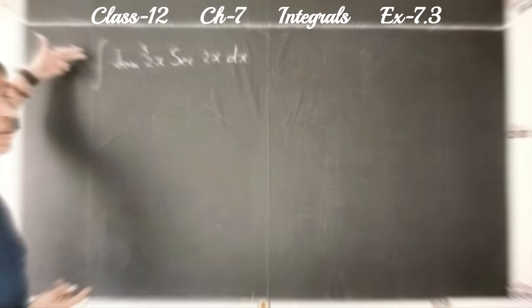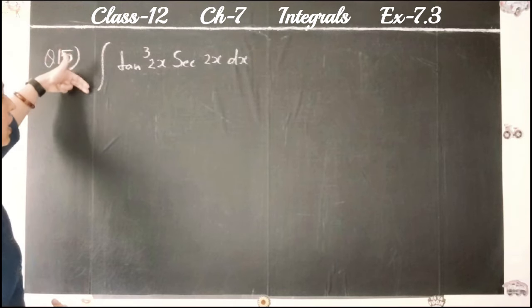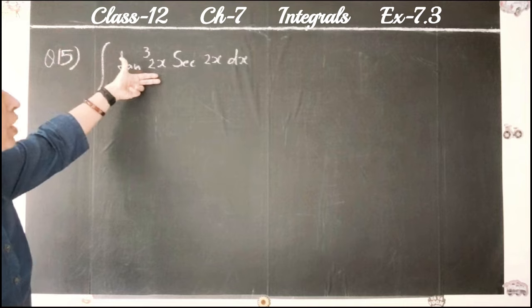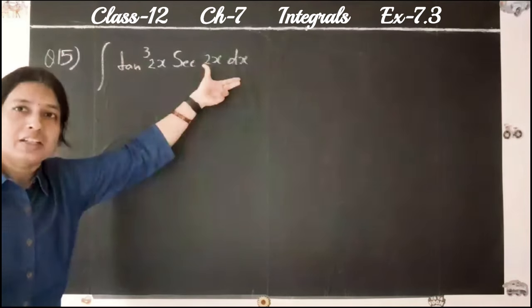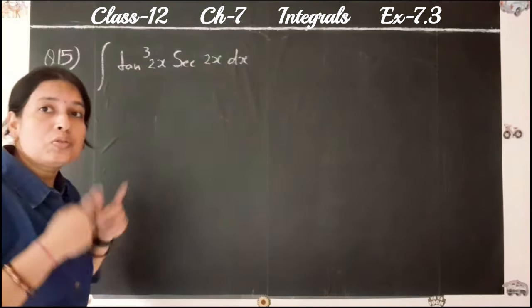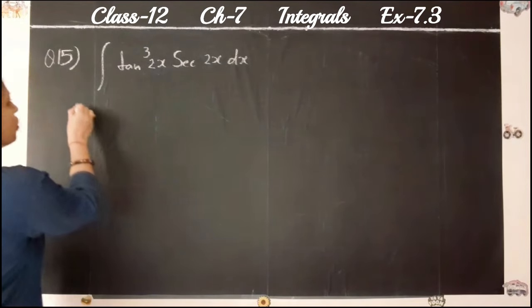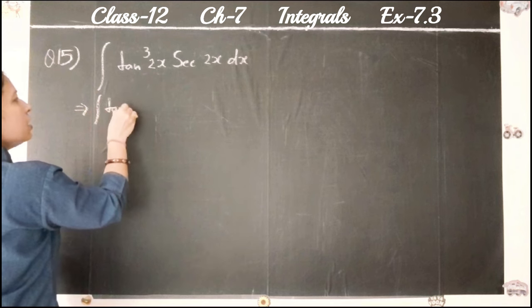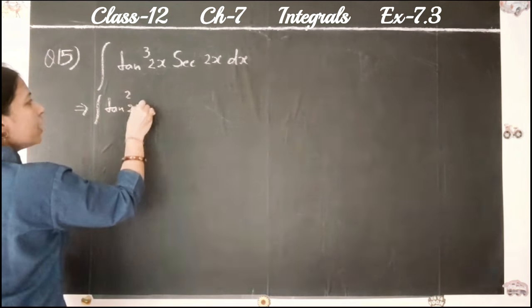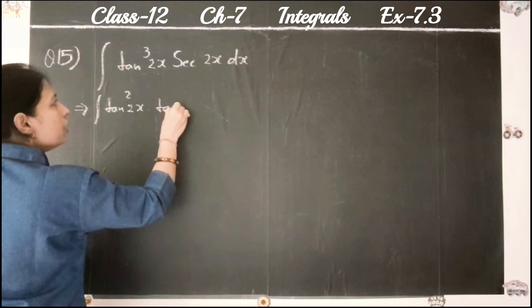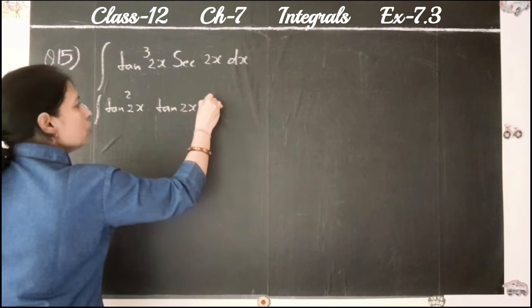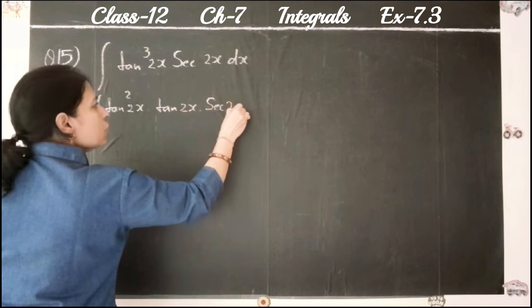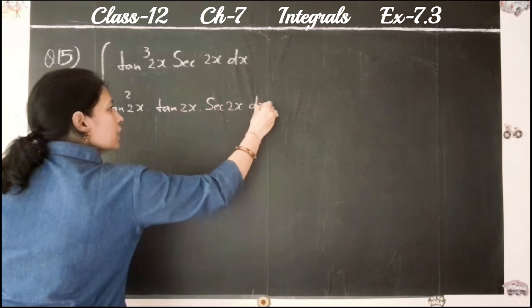So let us see the next question, question number 15. It is integral of tan cube 2x into sec 2x dx. Here first we have to simplify this integral. So for this we write the integral as tan square 2x into tan 2x into sec 2x dx.